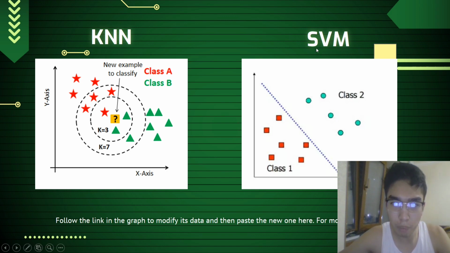When it comes to support vector machine, SVM, we draw a line and decide on which side to place the data. It would be the class. For instance, if they place it here, it would be a red square, and this one a green circle.